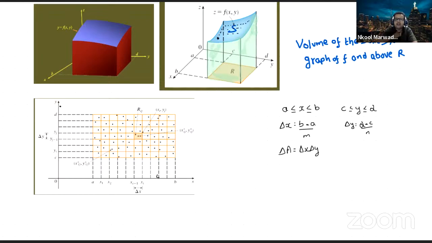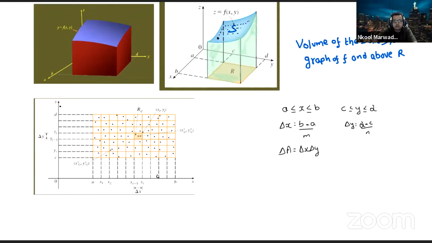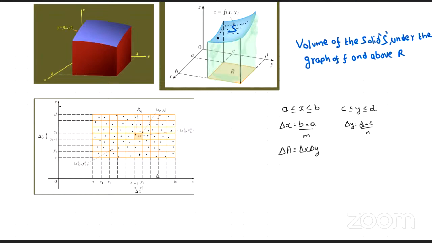Now the idea is that in every rectangle, this black point which you are seeing is the point we plug into f(x, y) to get the height. The beauty of this representation is that length and breadth are the same for all, but height is the one which will vary. Do you agree with this?